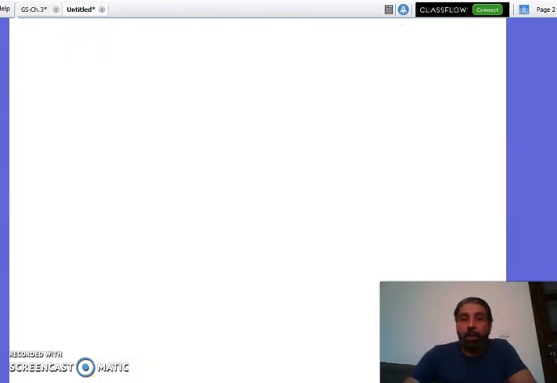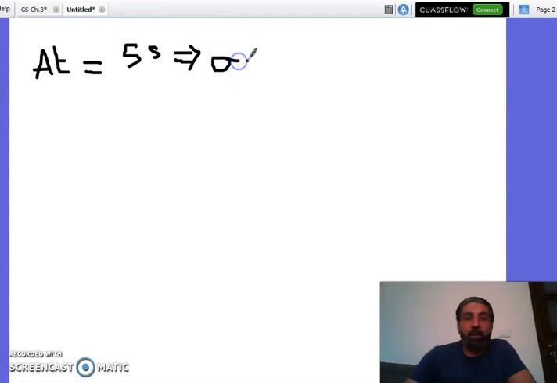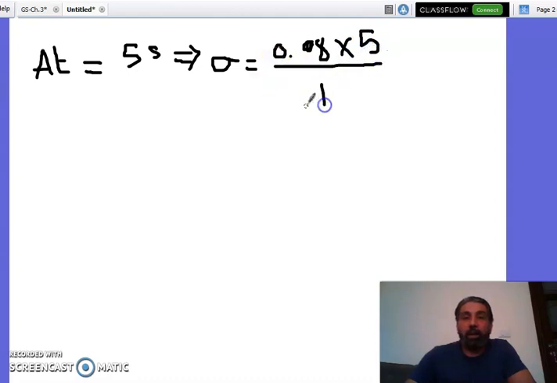So at t equals 5 seconds, we get what? Theta prime equals 0.08 times 5 over I plus 5.